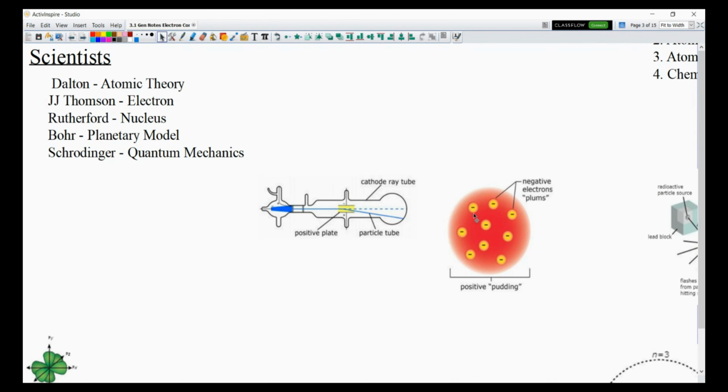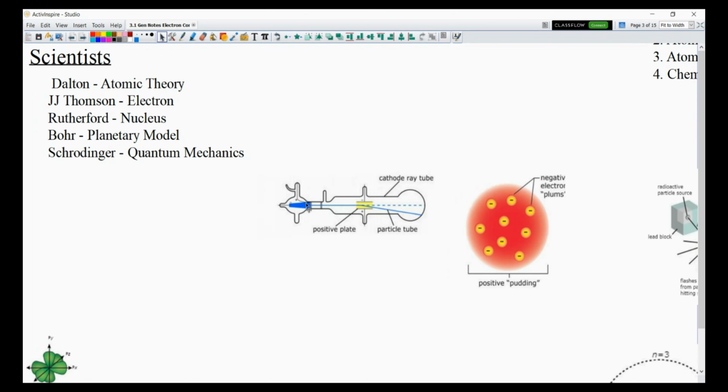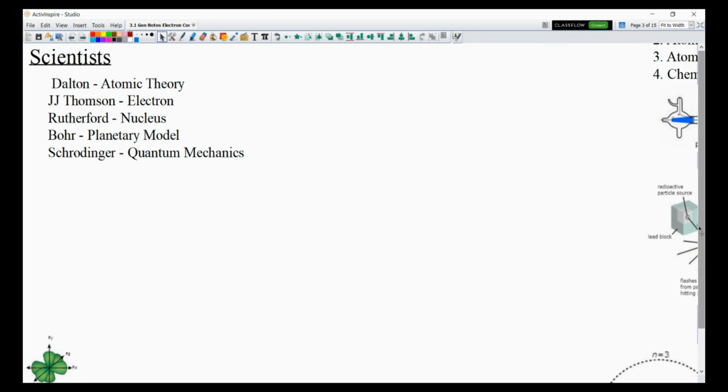And then plum pudding had these little bits of cut up plums that were in the pudding, kind of like, I don't know, raisins maybe that we would have in pudding today. These little bits of plums were the negative parts of the atom, and they were just floating around in the pudding. Okay, and so that's the plum pudding model for J.J. Thompson, his cathode ray tube experiment.